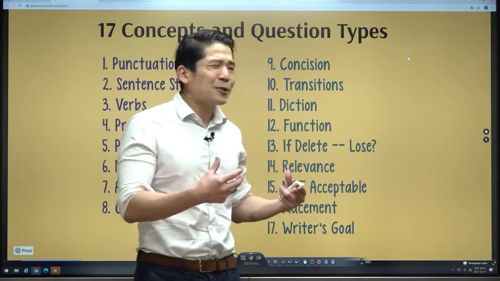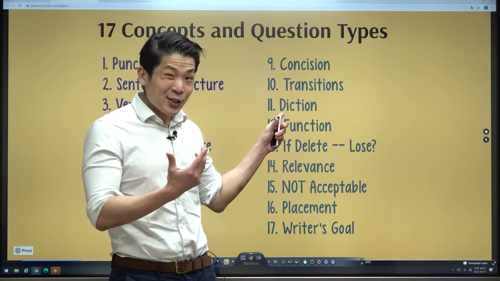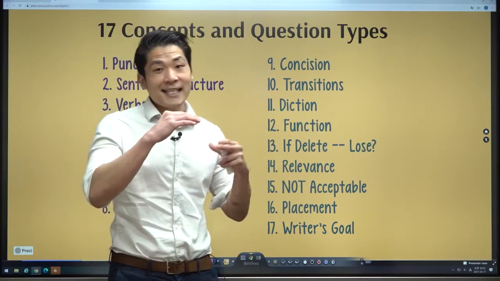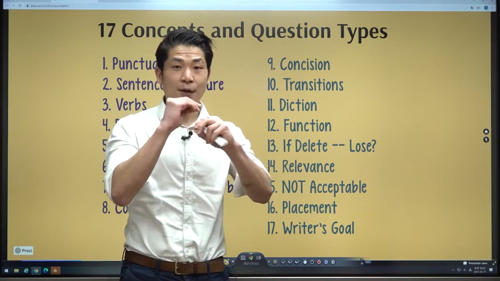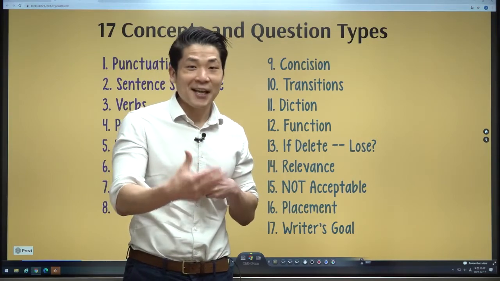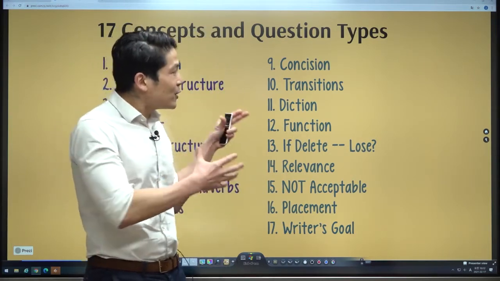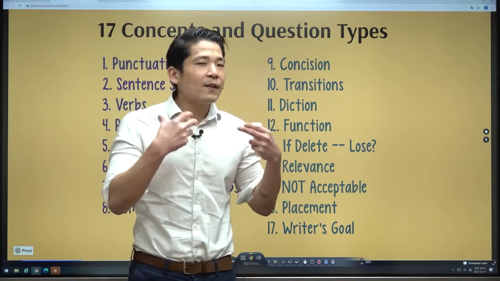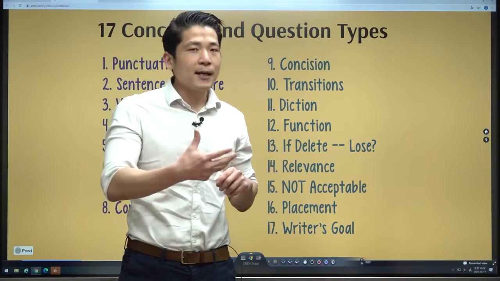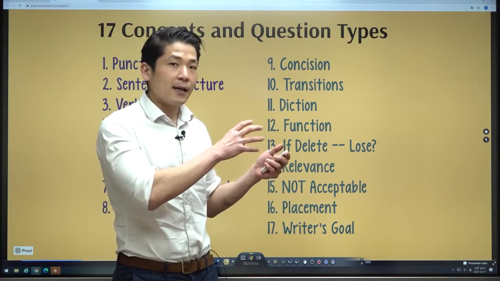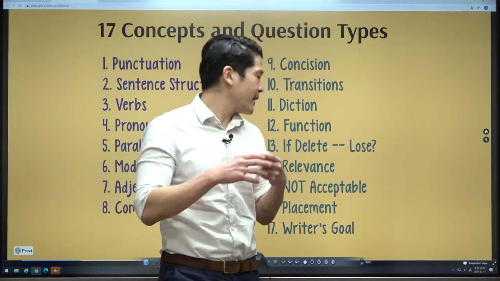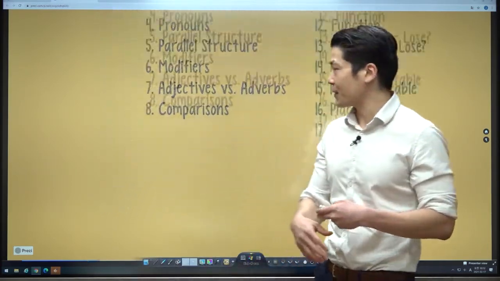Rhetoric can include a lot of vocabulary questions, like diction questions, as well as transition questions, to see how two sentences relate to each other, whether they contrast, whether the second gives an example of the first, etc. Also included in rhetoric, you'll have a lot of reading comprehension style questions that ask you about the topic of the essay or a part of the essay that you'll be reading. We'll be covering all of those in the foundational class.